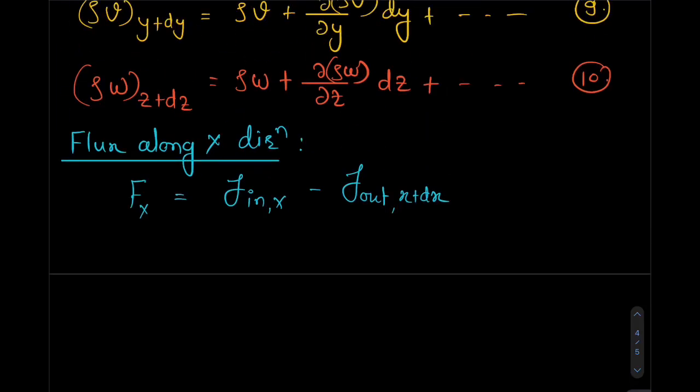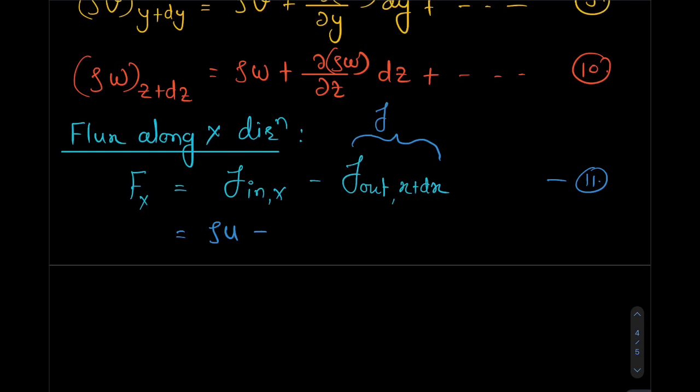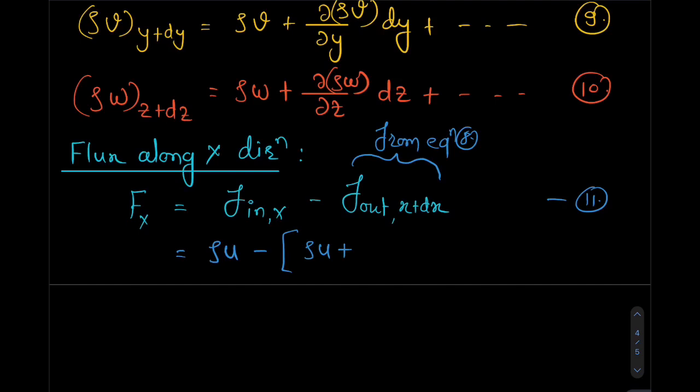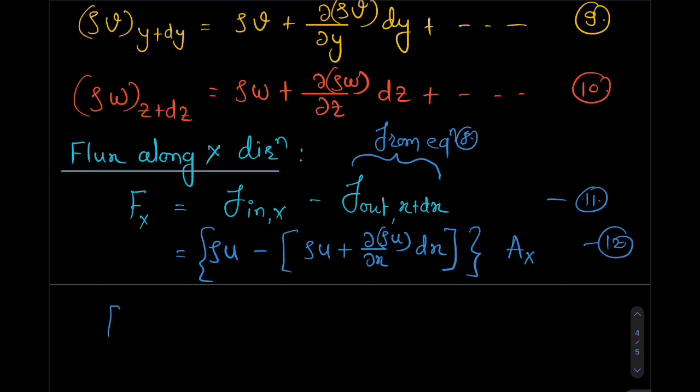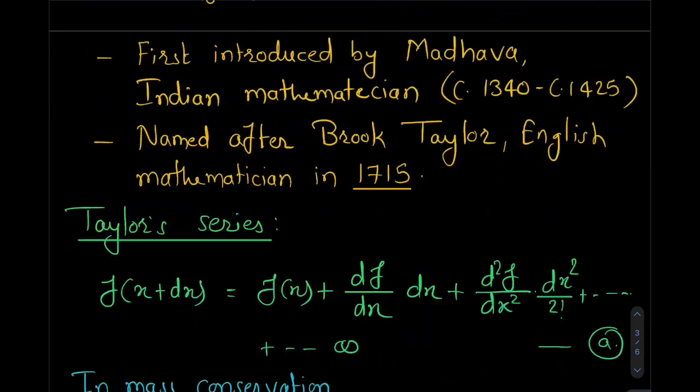Okay, let us use the blue color for the x directional flux. So from equation 8 we can substitute the term as rho u plus partial over partial x of rho u into dx, multiplied by, so let us complete this entire bracket, the common area which is Ax, and we already know that Ax is dy dz.